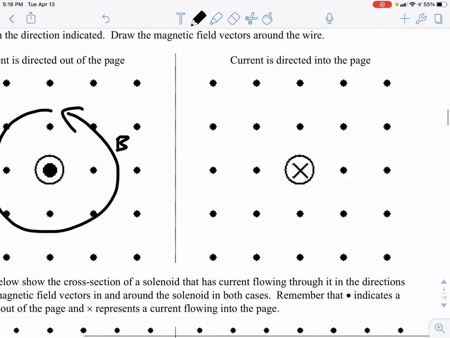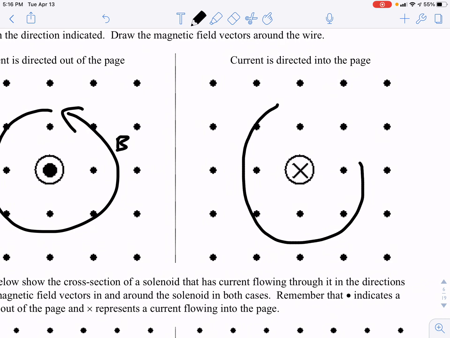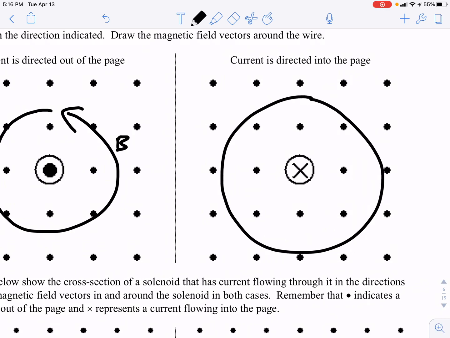If the current is going into the page, you then take your fingers, curl them up, but take your thumb this time and point it down into the page towards the floor. If you do that, you'll see the fingers wrap around this X, the wire, in a clockwise manner.